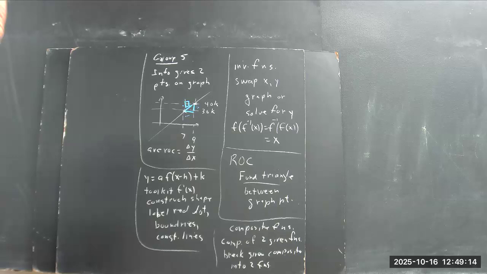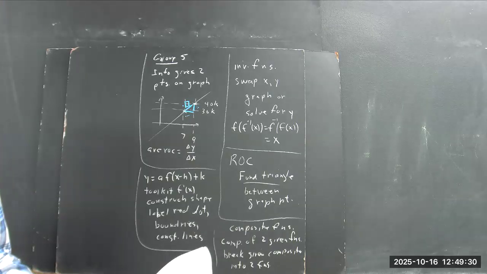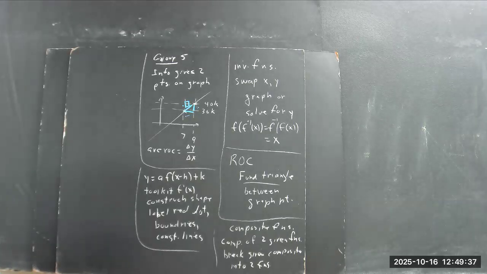And there'll be a problem from group 8 on the test. If you know how to do it, do it. If you don't, we won't count it, but it's going to be on the next test too. So you're going to have to do it. So you might as well learn to do it so you can get the points on this test and on the next test. Okay, fair enough?